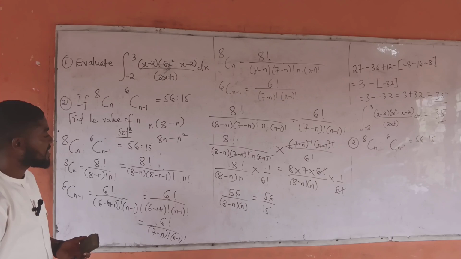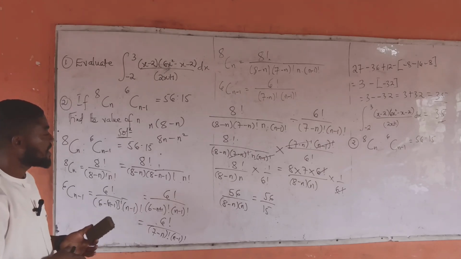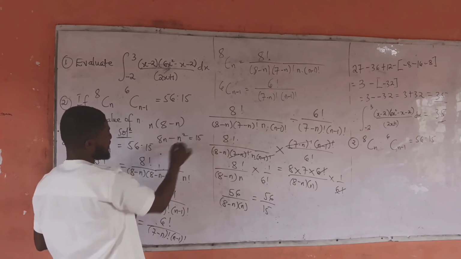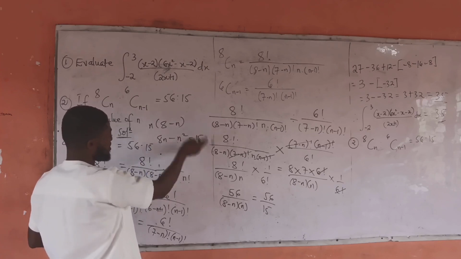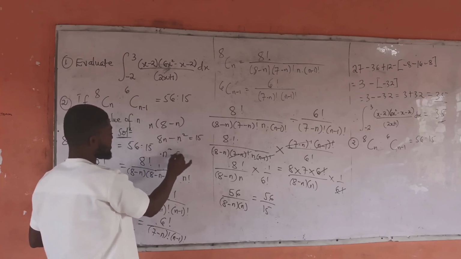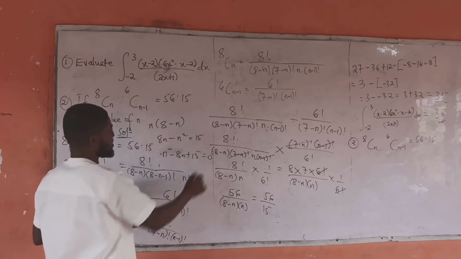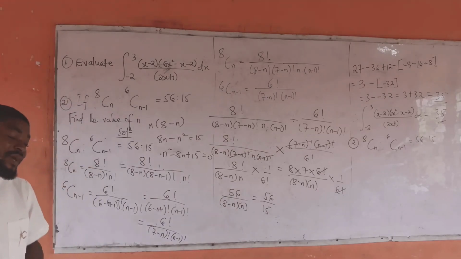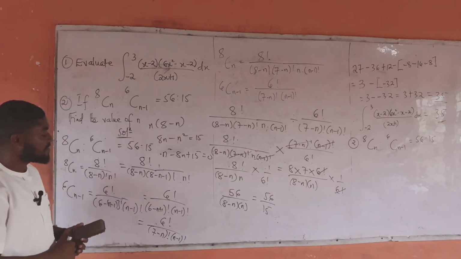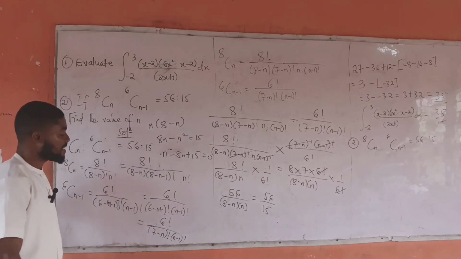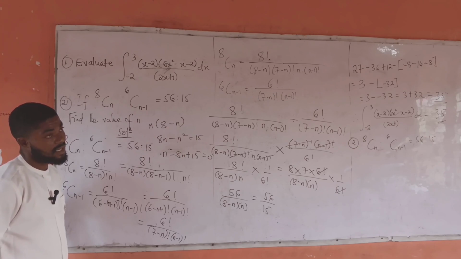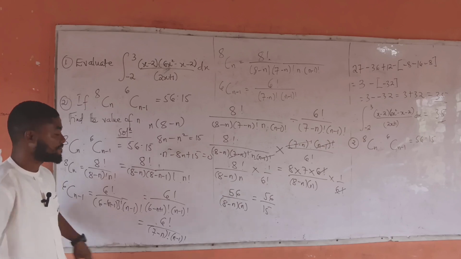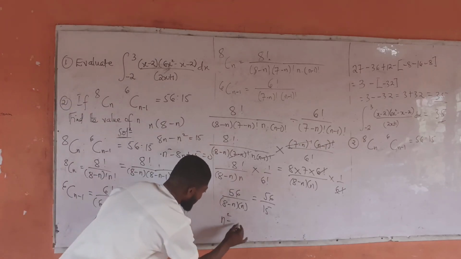Okay, so do we equate 8n minus n squared to 15 if possible, so that we get n squared minus 8n plus 15 is equal to 0. Maybe to work, maybe to not work, but let's see how it is going to turn out. A number times another number giving us 15, but when you add, you should get 8. 3 and 5, so minus 3 minus 5, yeah.